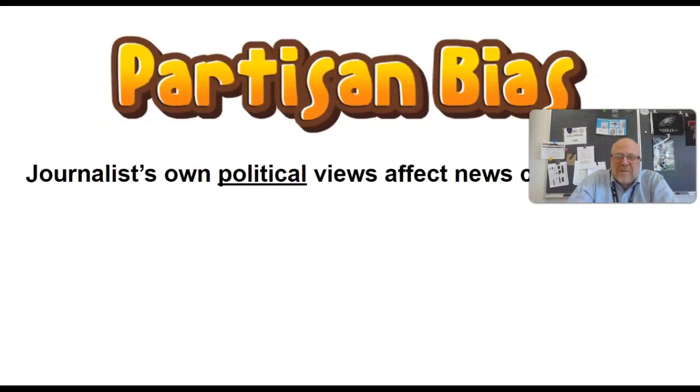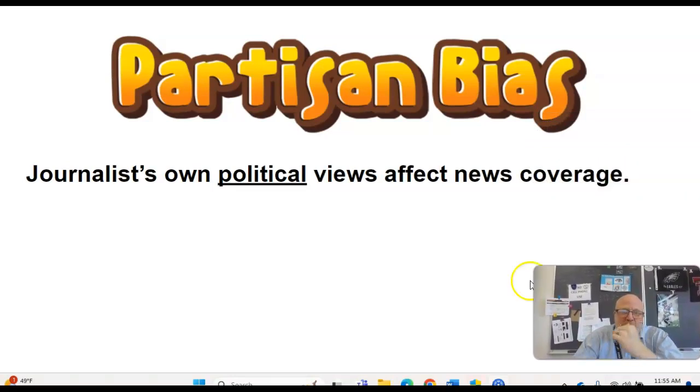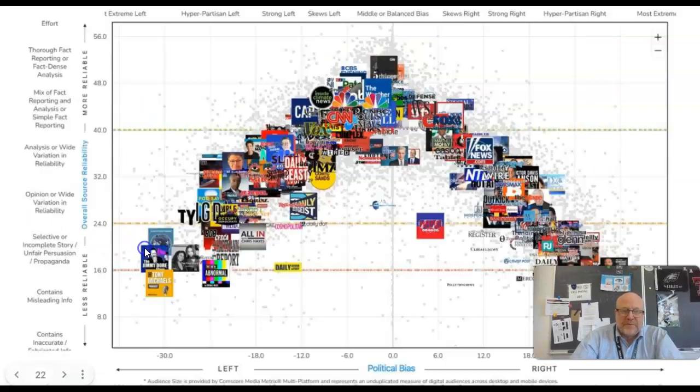Here we go. Partisan bias. Journalists' own political views affect news coverage. It could also be the news outlet, CNN, Fox News, MSNBC. So for example, there is this media bias chart out there. Extreme left means more liberal, extreme right kind of means more conservative, and you can see where certain things kind of land.